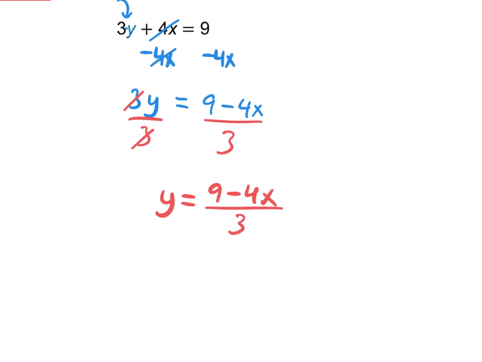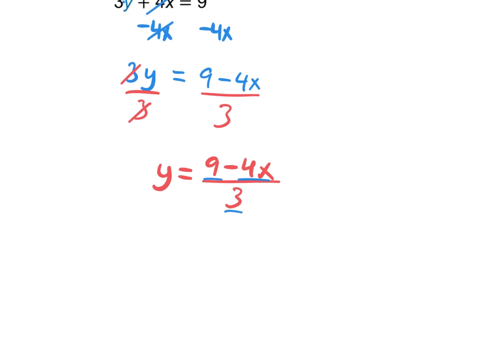Now from here, what we can do is split it up. If a fraction has 2 terms on top but only one denominator, you can split them up to be 2 different fractions. So we get y equals 9 divided by 3 minus 4x divided by 3.